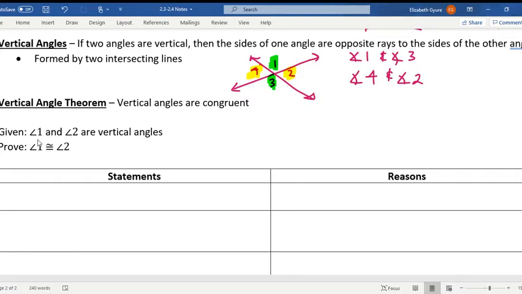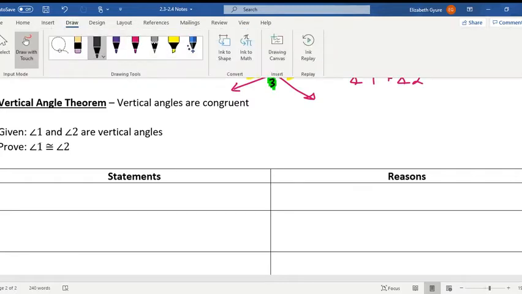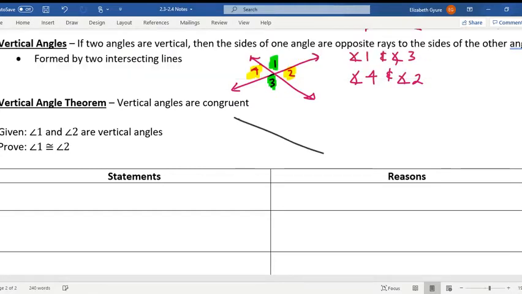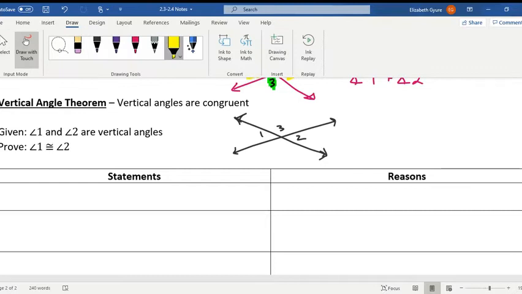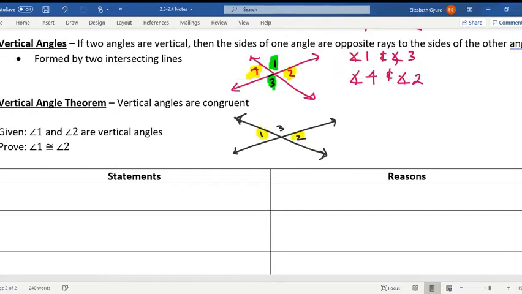So I'm going to draw our diagram here. It was very similar to what I drew above. Draw your two intersecting lines. Okay. And we have angle 1, angle 2, and angle 3. We are given that angles 1 and 2 are vertical angles.